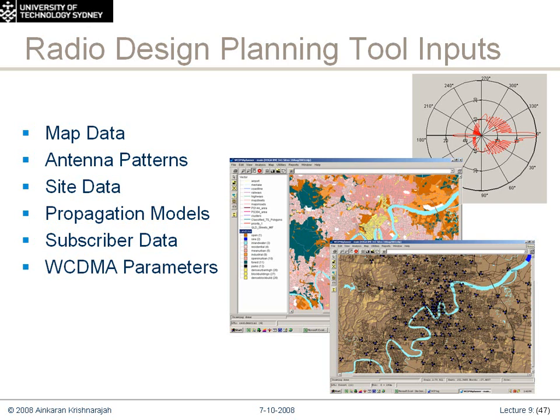Those are also taken into account. Subscriber data: the growth in the number of new subscribers, the traffic profile of the subscribers, both voice usage, minutes of use, calling time per hour, and also download rates per month, for example. And then finally, the wideband CDMA parameters such as the Eb/No, the SIR target, all of those things that we sort of touched upon as well.